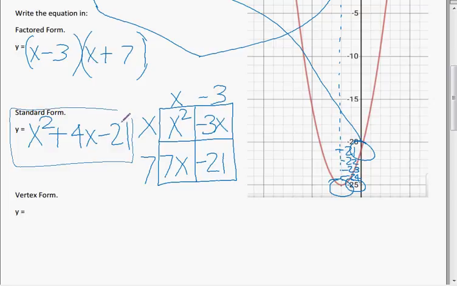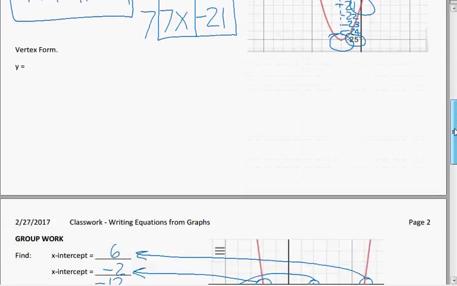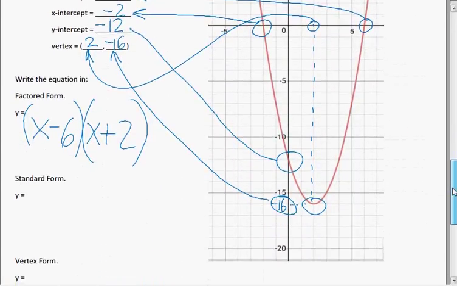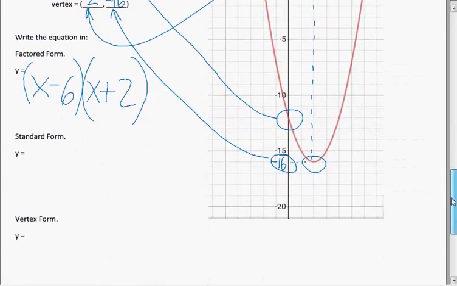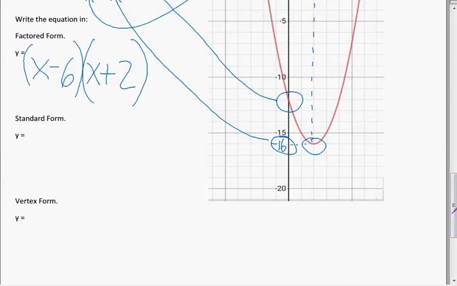This is my standard form. Answer for the standard form. Okay. I would like for you to do the same thing for your problem on the back. You have the factored form. You need to write the standard form. It'll take 4 minutes to do that.